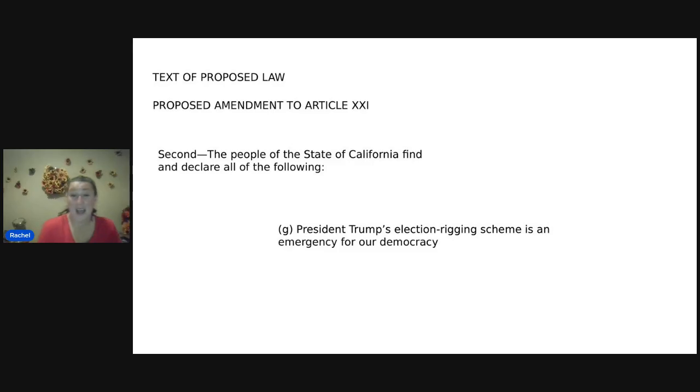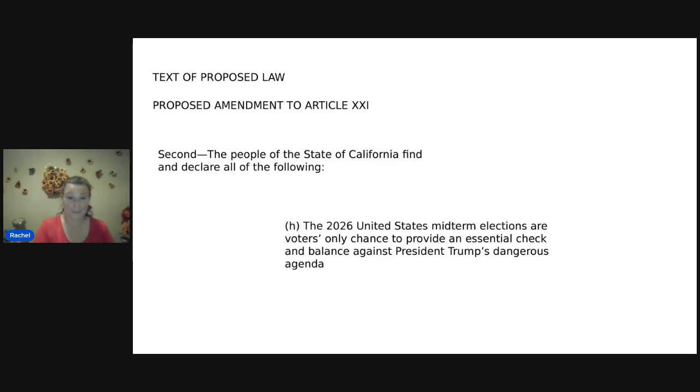G. President Trump's election rigging scheme is an emergency for our democracy. H. The 2026 United States midterm elections are voters' only chance to provide an essential check and balance against President Trump's dangerous agenda.